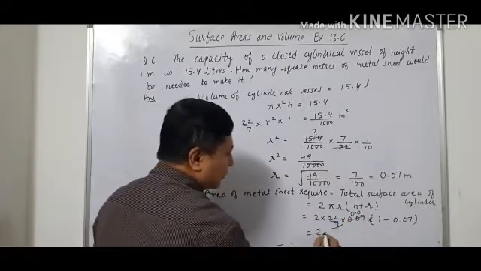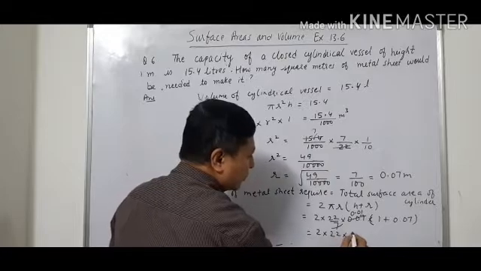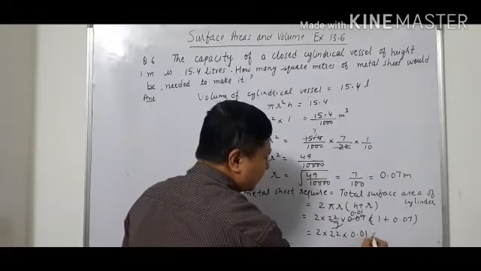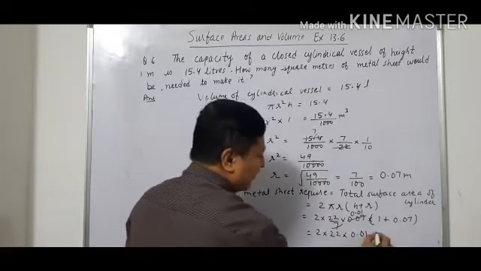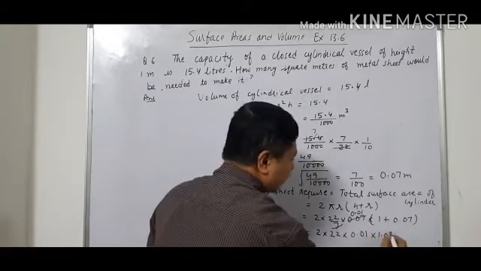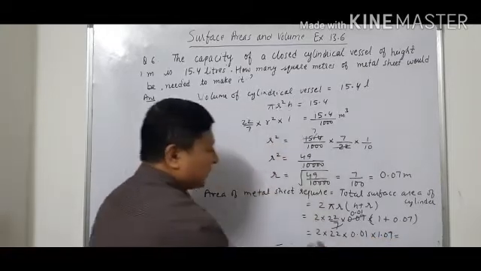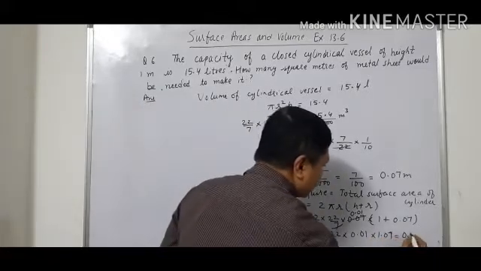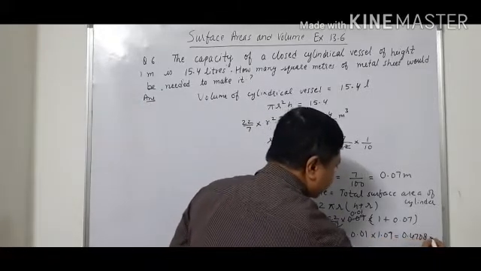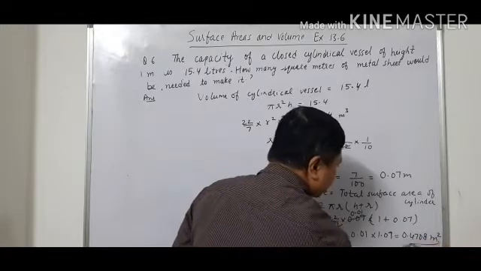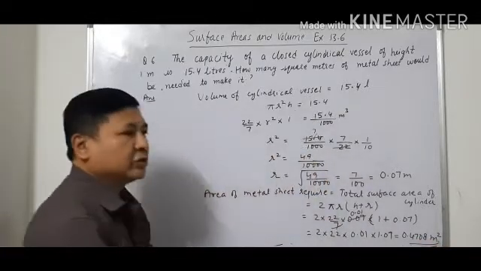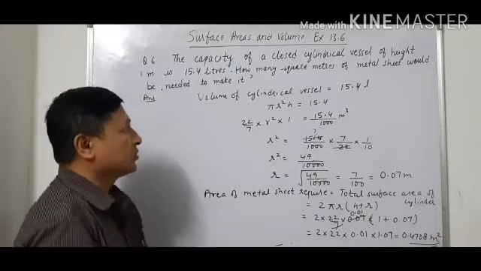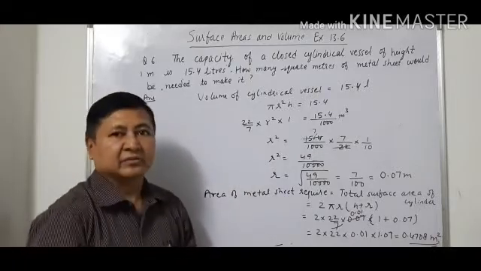So 2 into 22 into 0.01 into, when we add this, we get 1.07. When we multiply this, we get the answer, 0.4708 meter square. So 0.4708 meter square of metal sheet is required to make this cylindrical vessel.